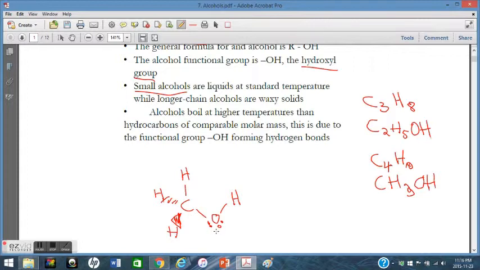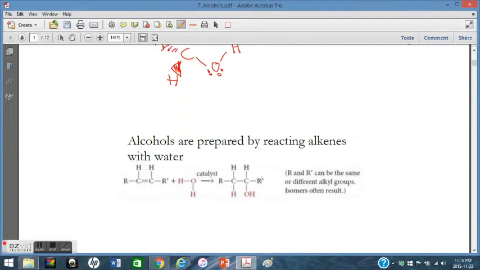And these lone pairs, because oxygen is so electronegative, can form very strong intermolecular hydrogen bonds with a neighboring hydrogen attached to the O. The big thing here is you get hydrogen bonds, which means the boiling point is much higher.